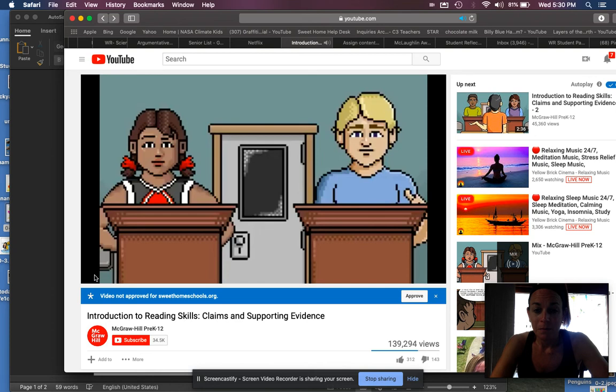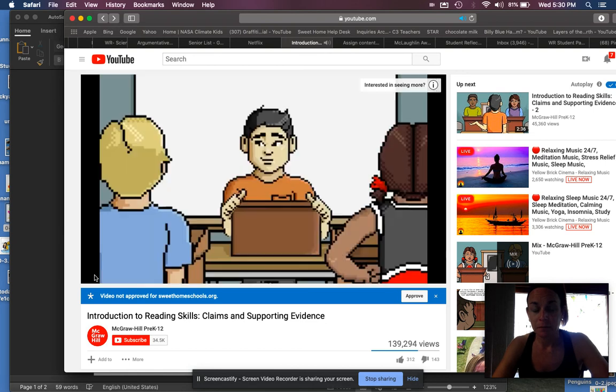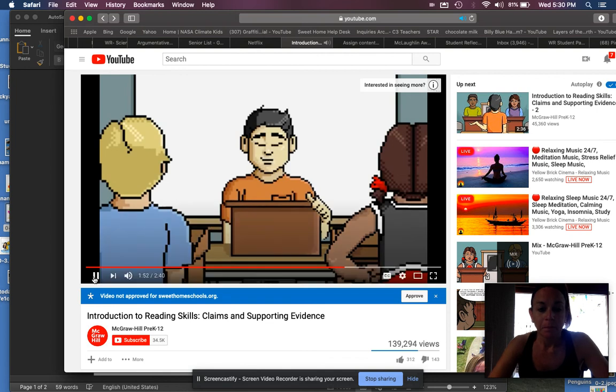That is an opinion. It can't be proven true like a fact. Finally, it says here, last summer, a judge ruled that college cheerleading cannot be considered a sport. The part about the judge's ruling is indeed a fact. But the part where you say, it is unlikely cheerleading will ever be recognized, can that be proven true? I guess not, but it seems like you made a reasoned judgment here. That's right. He drew his own conclusion based on the fact, but another person might not make the same reasoned judgment. I rule for the cheerleaders.